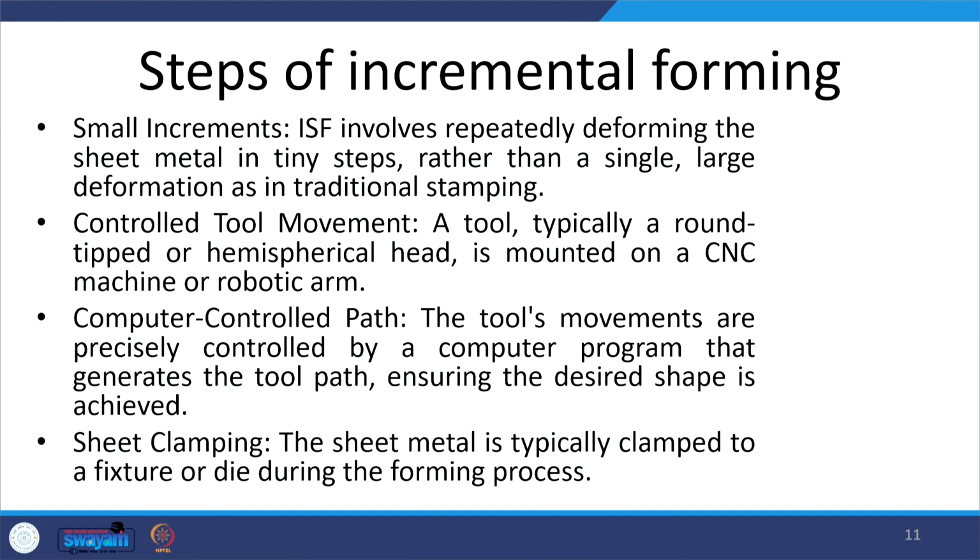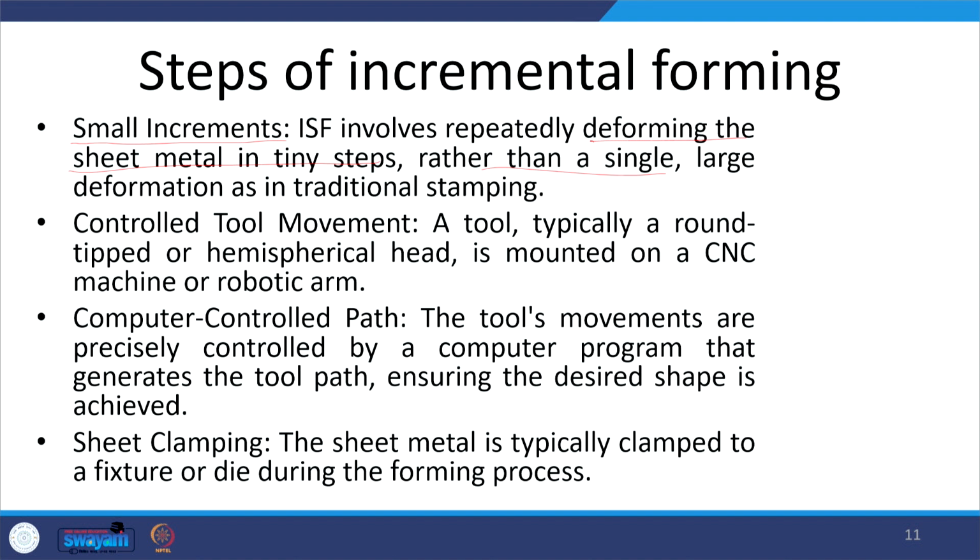Okay. So, as far as the steps of the incremental forming processes are concerned, this process relies on small increments of plastic deformation to realize the desired shape. So, incremental sheet metal forming involves repeatedly deforming the sheet metal in tiny steps rather than single steps like conventional drawing or bending, or many other sheet metal processes.